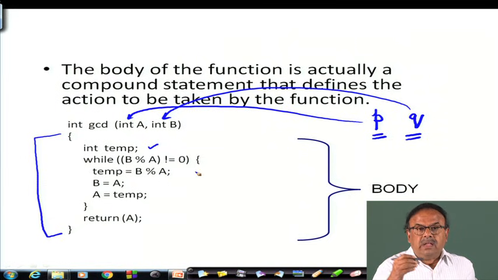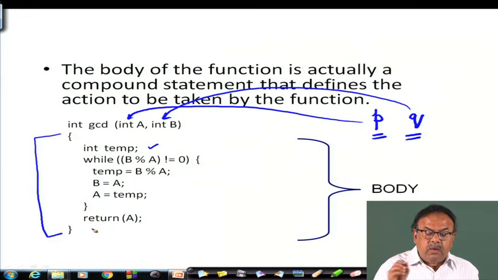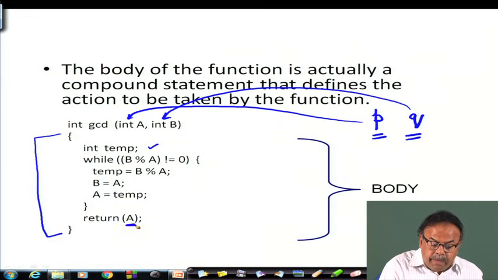That is the classical way of finding the GCD: you find the remainder and make the remainder the divisor. That is exactly what we are doing in a loop. Ultimately, the final divisor which divides and gives us a 0 will be the GCD. So, that GCD is coming in this A.